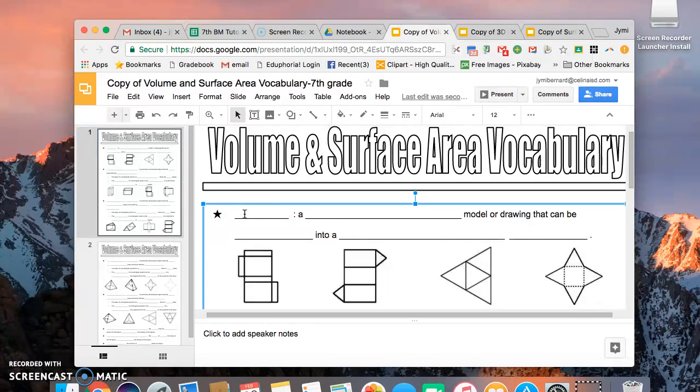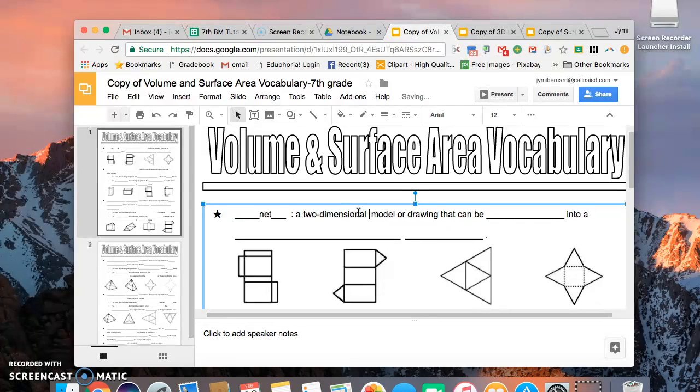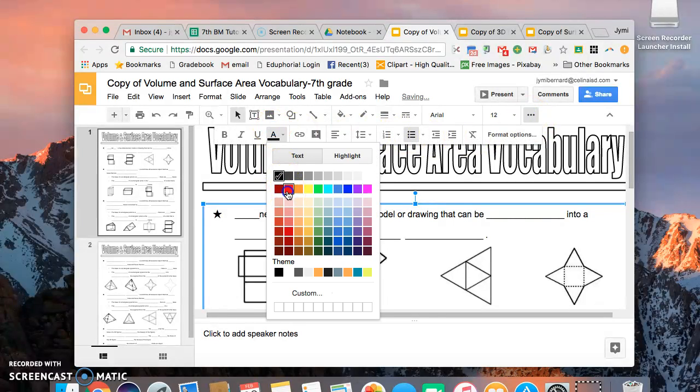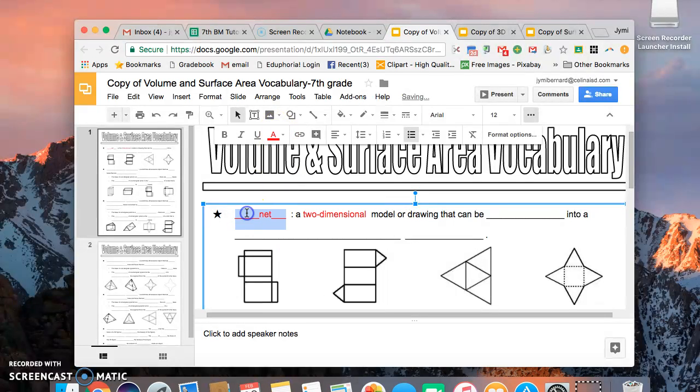Okay, so right up here at the top, a net is a two-dimensional model or drawing that can be folded into a three-dimensional solid.